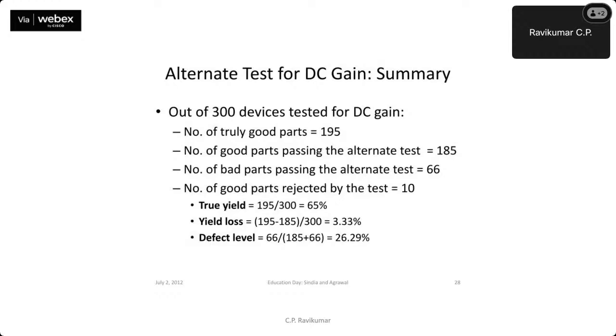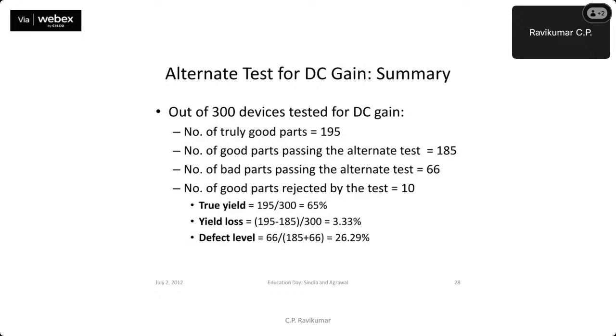They did this experiment, I think, in their lab. They took some 300 devices, and out of those 300 devices, I think 195 were known to be good, maybe using some other test method.